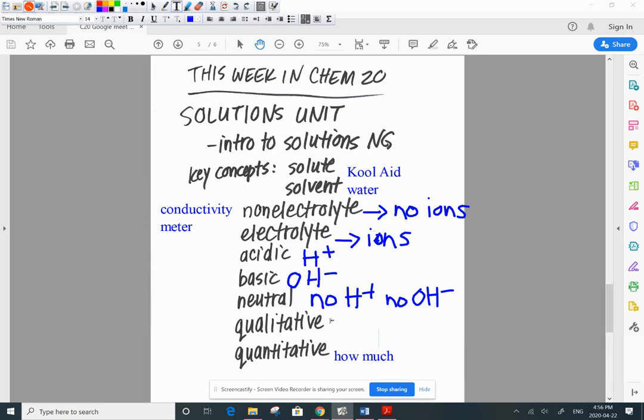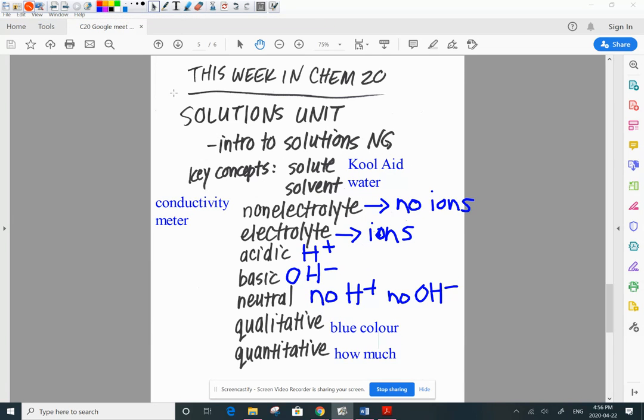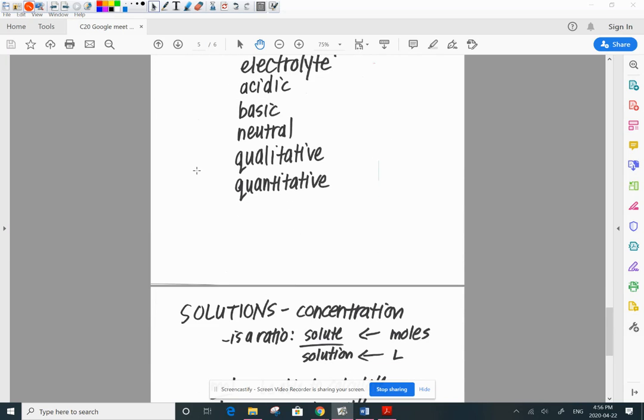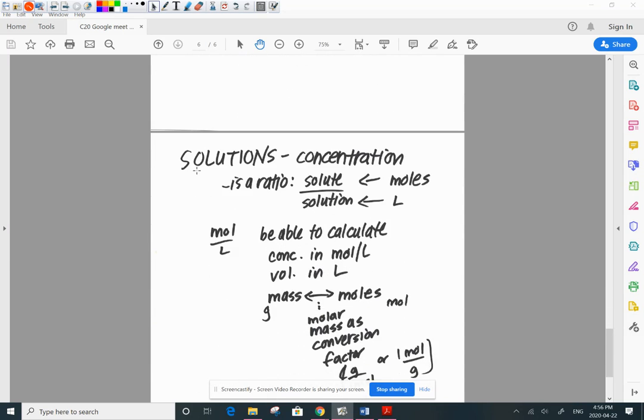Qualitative might tell me my solution is blue in color, so maybe I have a copper ion present, but it doesn't tell me how much. Qualitative just tells you something about a solution, but doesn't quantify it. Quantitative will tell you how much there is. So you read through and learn about some qualitative and quantitative tests.